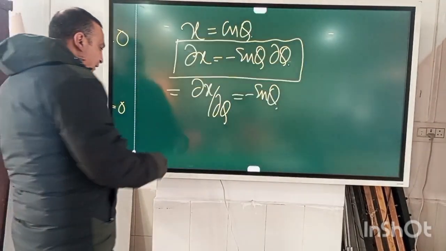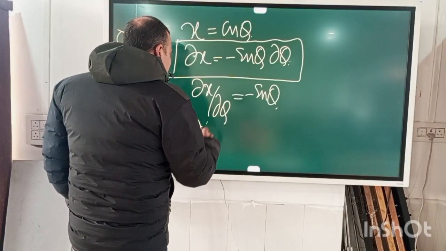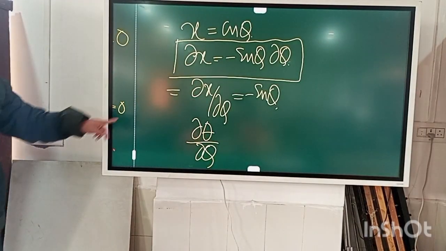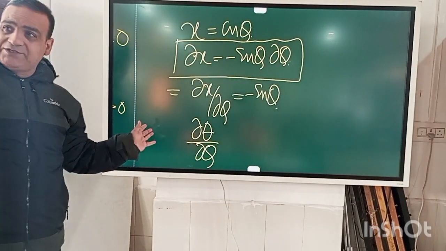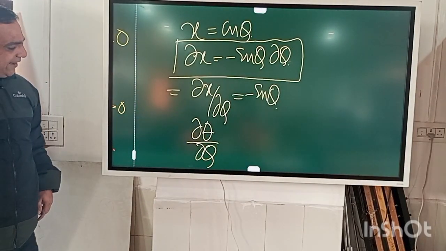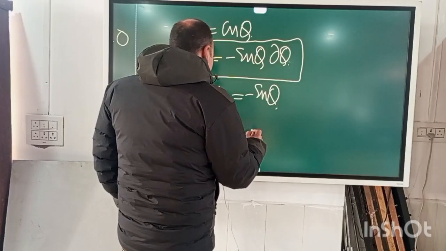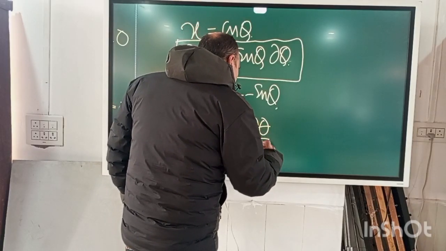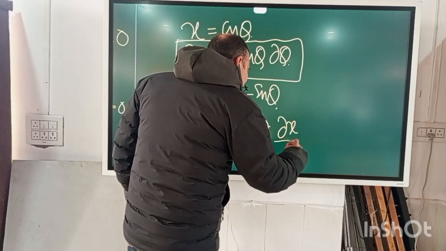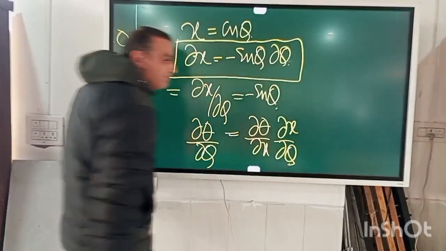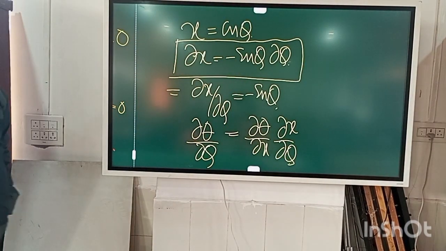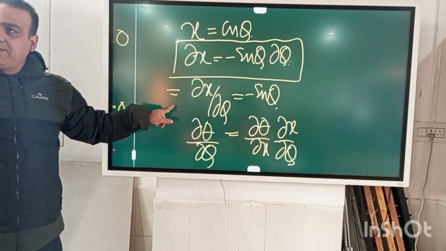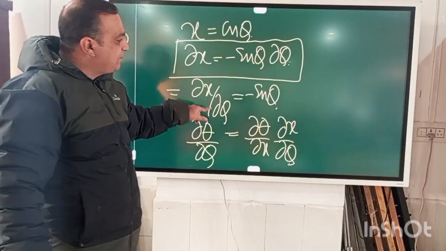Now, you can see this dou capital theta by dou small theta is in my original differential equation. Can I write this using what you generally call the chain rule? This is dou capital theta by dou x times dou x by dou theta. This dou x by dou theta is already calculated, so I can use its value.